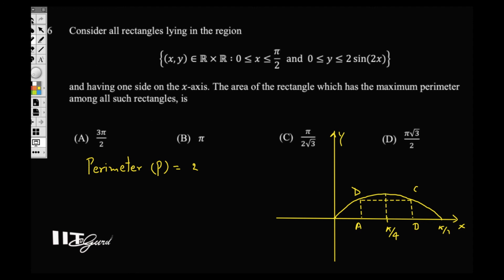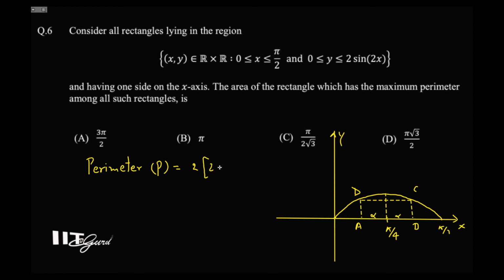Let's say this is alpha. So the perimeter is 2 alpha plus 2 cos 2 alpha. Okay, this is the perimeter, and you have to maximize it.